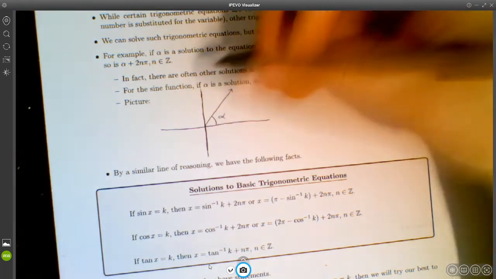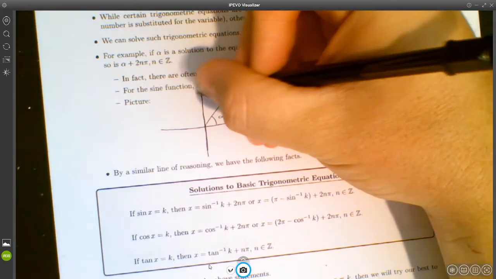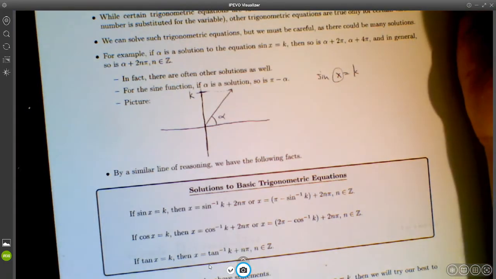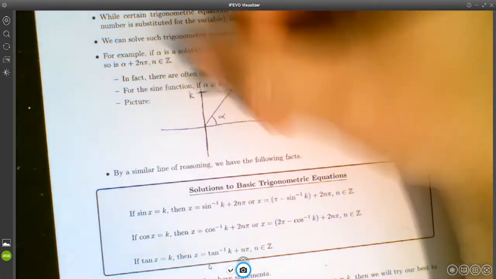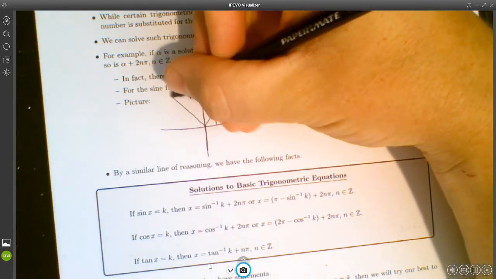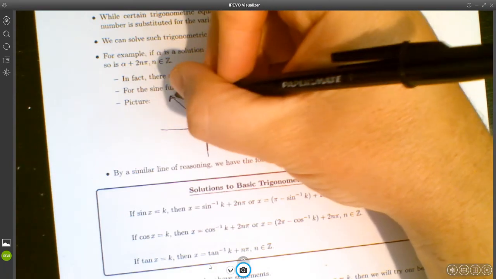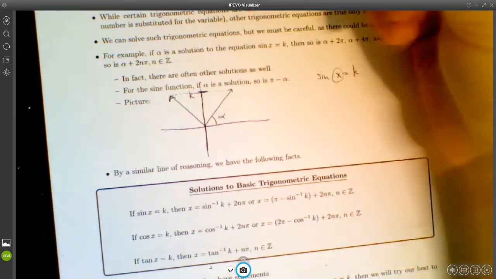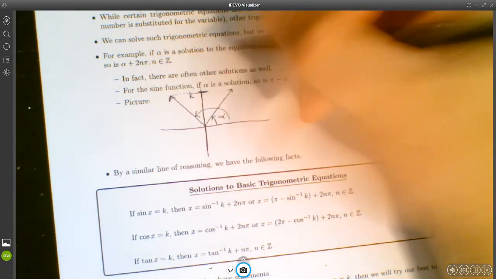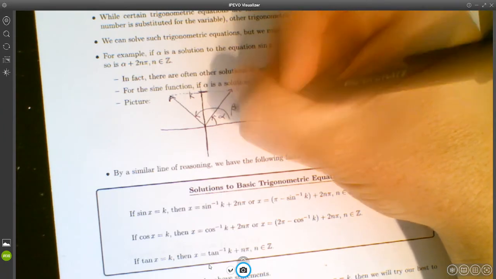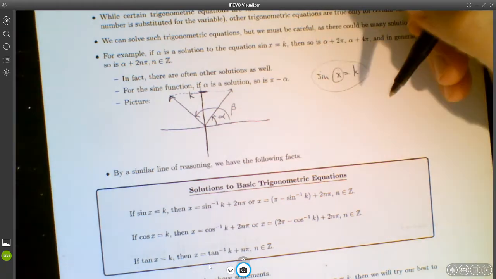That means that sine of this angle, which, by the way, corresponds to the y value here, is k. If that's the case, then there is another solution up here, right? This solution, or this angle, would also give us k when we take sine of that angle, right? So there's one solution, there's another one. This thing we could maybe call beta or something. So alpha and beta are both solutions to this equation, sine x equals k.